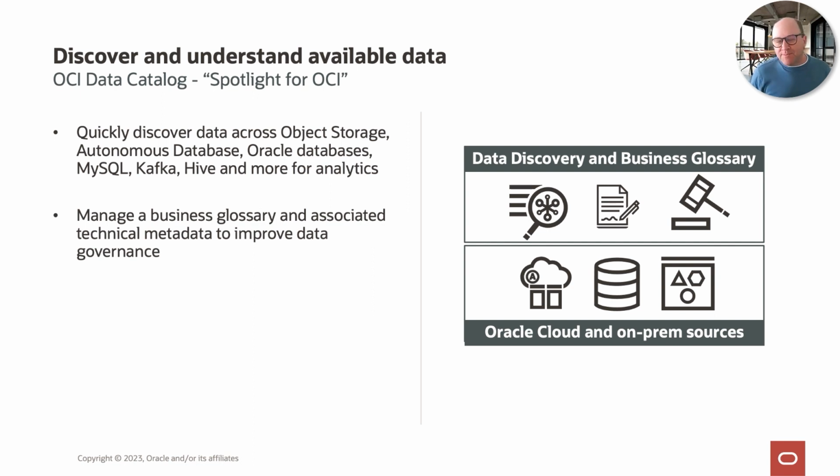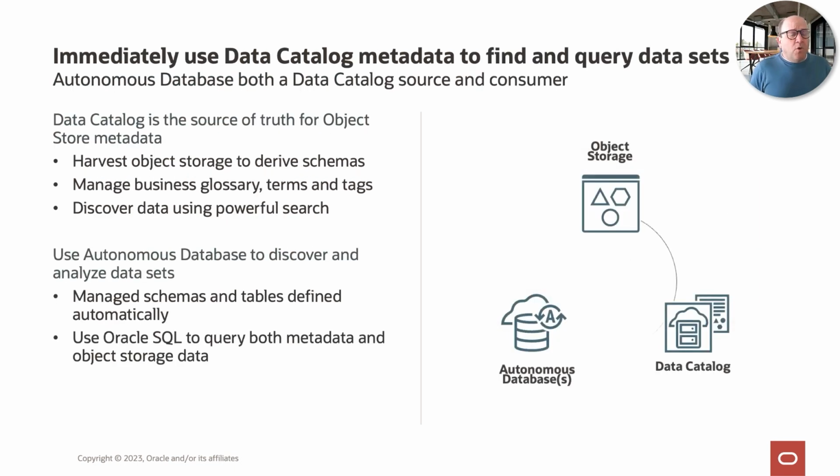So you can think of it as being like the spotlight for OCI that lets you search for and understand your data sets. Now, the one aspect of the data catalog we're going to look at is how it integrates with data lakes, right?